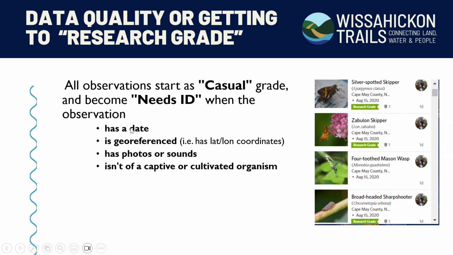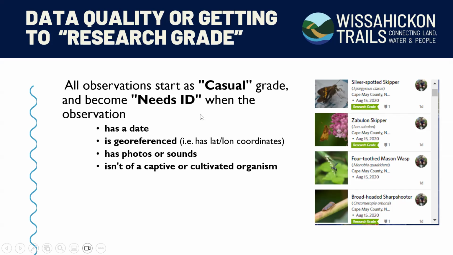If it has a date, has a location, has photos or sounds, and it isn't of a captive or cultivated organism, when you press upload, it will move to needs ID, which looks on your list like this. There's no little flag down here. And in some parts of the system, it will actually say needs ID, and there's a yellow flag. And if it's moved to the next level, you'll see the green flag of research grade.